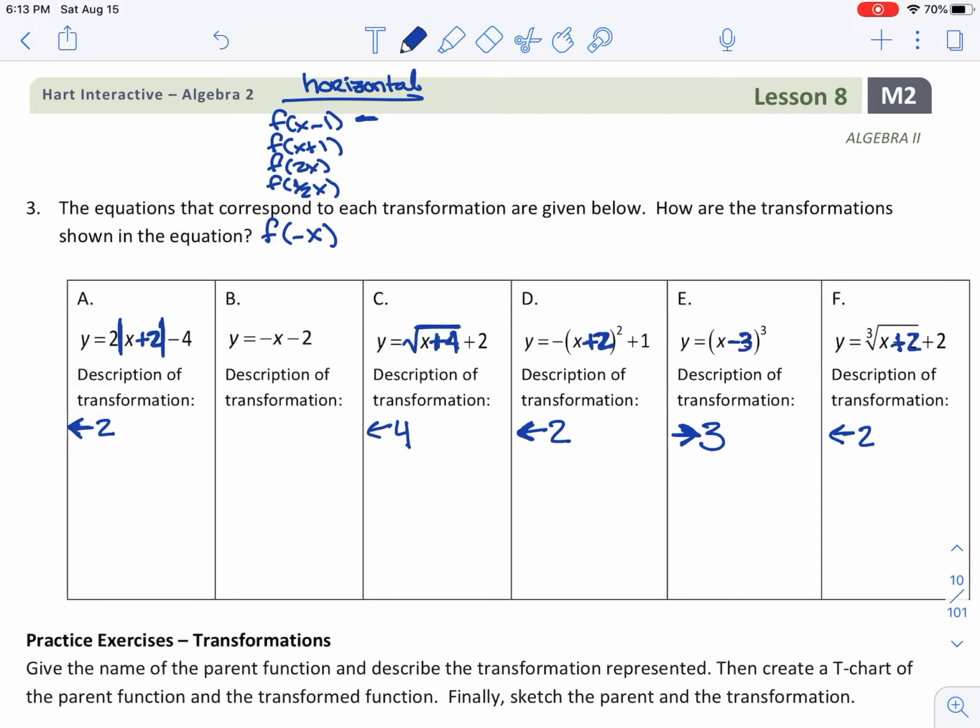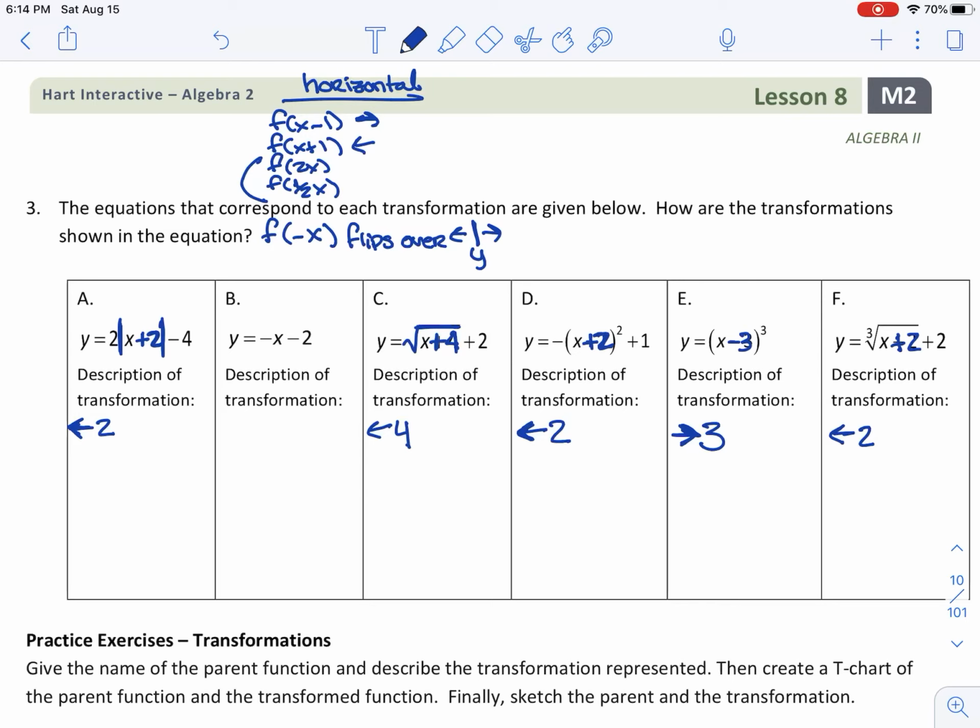This moves right, that moves left. We're still not quite sure about these. I haven't taught them yet. And this one flips over y, which causes a left-right movement.